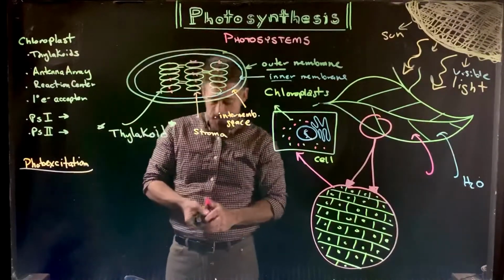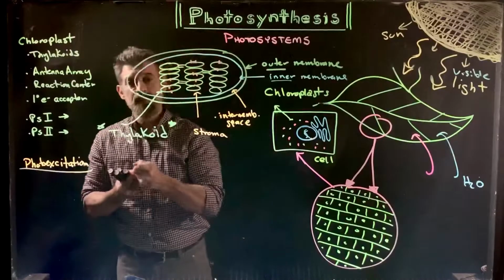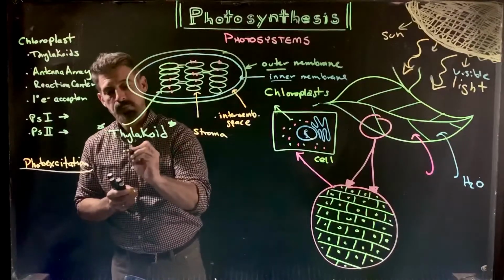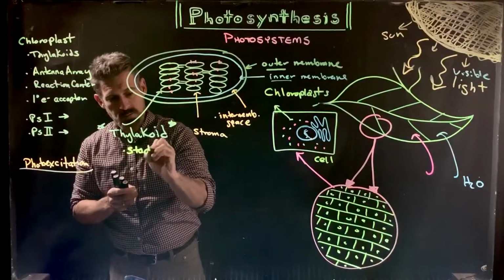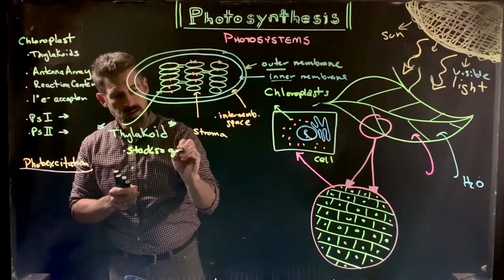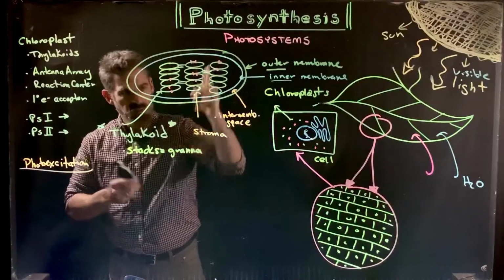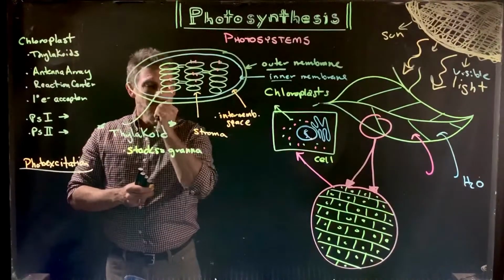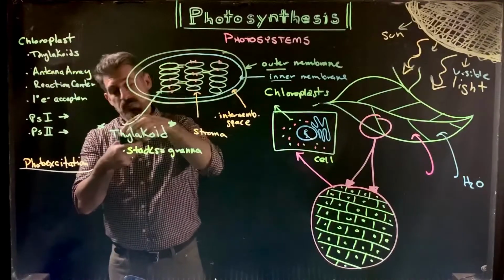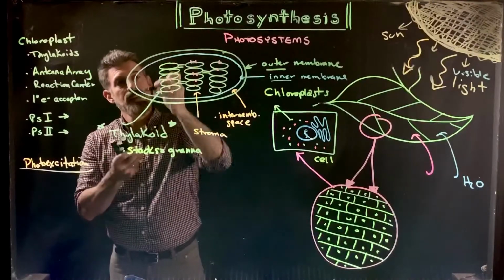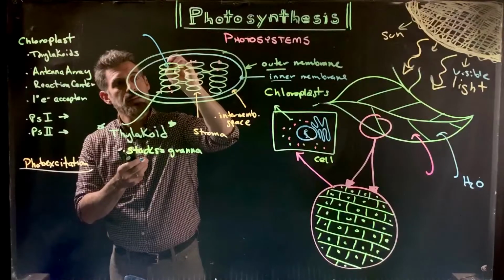The thylakoid membrane forms these little stacks of little compartments called grana. That's the overall structure. An individual thylakoid, a little compartment like that, then has a space within it, obviously.